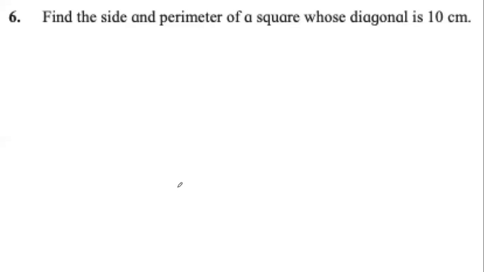Thank you, Khadija. So the question tells that there is a square whose diagonal is of length 10 centimeter. We have to find its side and we have to find its perimeter. So to make it easy for us to solve and to make it easy for the examiner to check, we will draw a rough diagram.